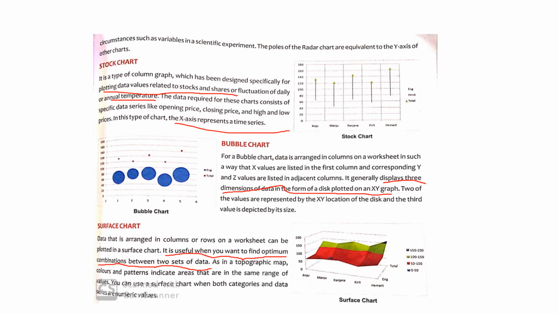We can use a surface chart when both the categories and data series are numeric values, to show the relationship or to compare the sales or data of one person with the data of another person in the same company. So to make these comparisons, we can go for the surface chart.